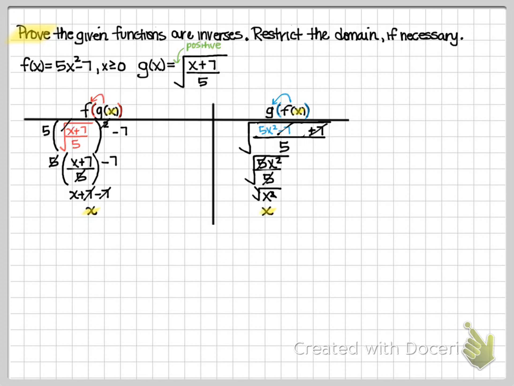Last thing we need to do, we got to write our statement. So I'm going to say since f of g of x is equal to x, so that was the first one we did, and the other one, g of f of x is equal to x, so both of them, then we can say the original functions f of x and g of x are inverses.